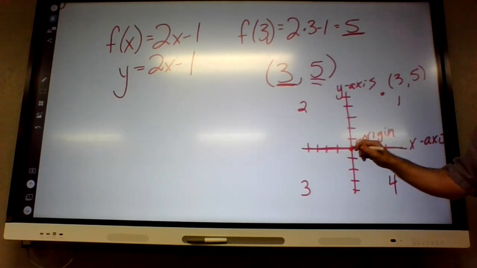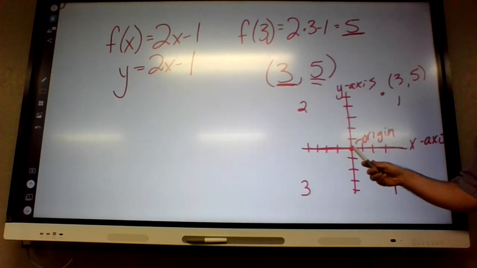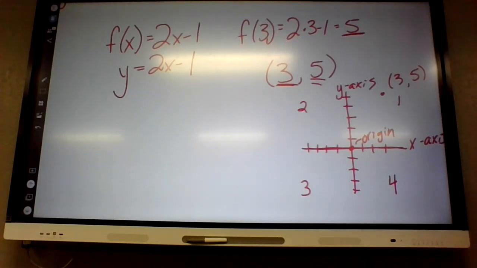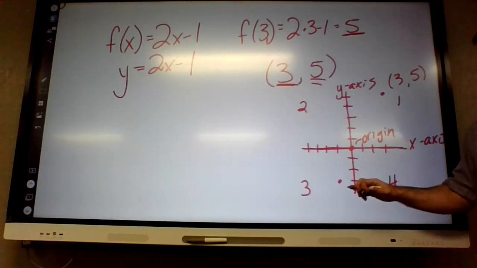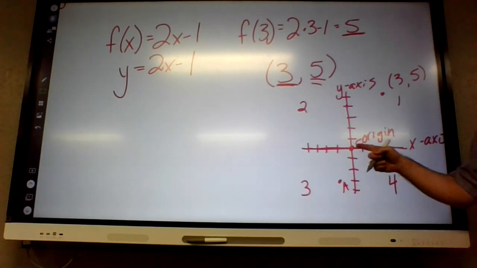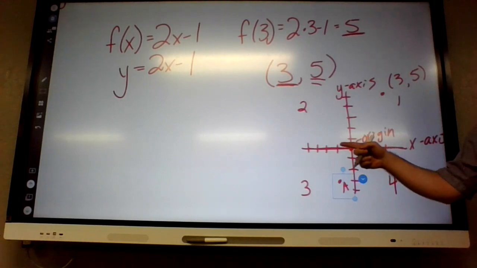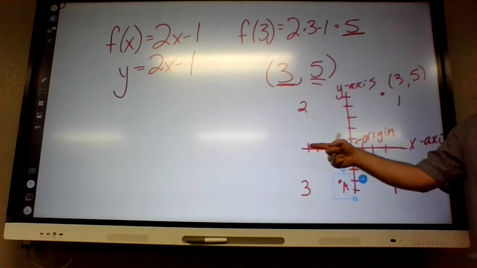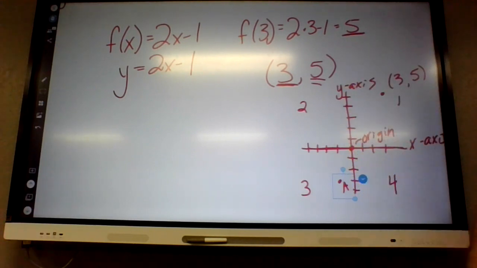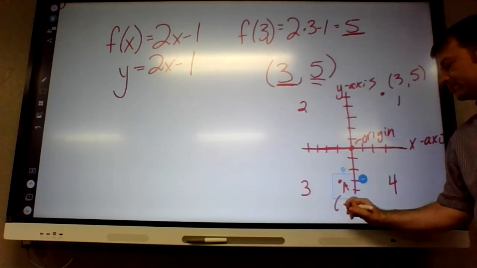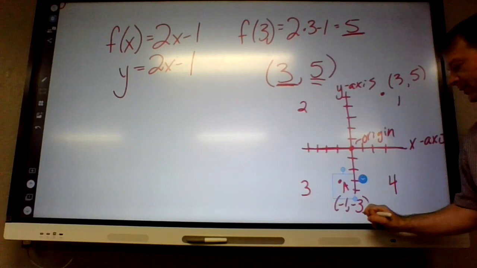What are the coordinates of the origin? 0, 0. Okay, what are the coordinates of point A here? -1, -3. First number tells you where to go on the x-axis, just like a number line. Second number tells you on the y-axis. You guys remember that all perfectly?